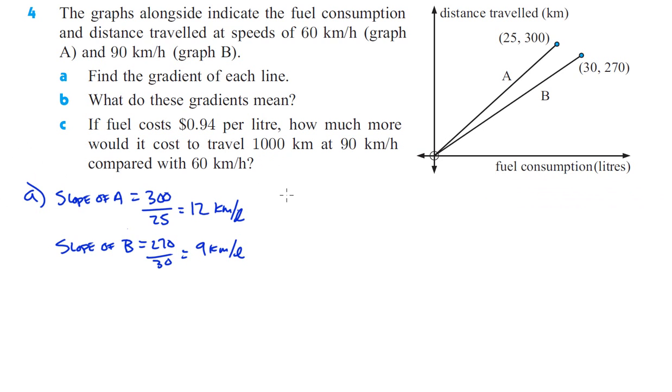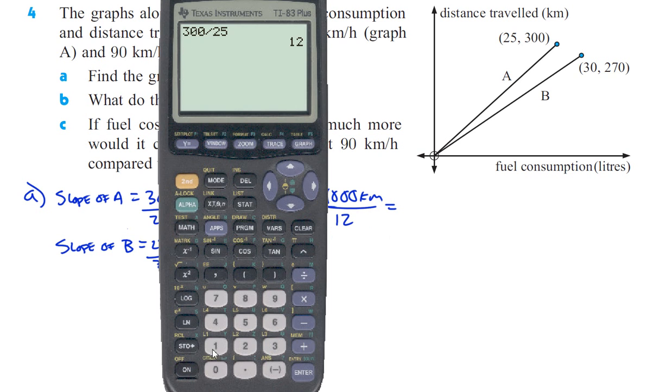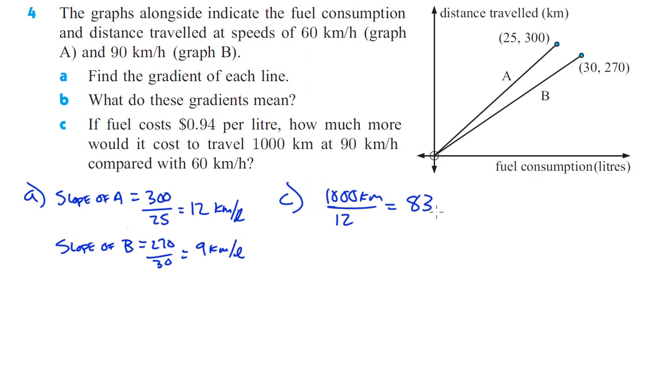Okay, so part C, sorry, we're trying to figure out the total liters that we're going to need. So if we're traveling 1,000 kilometers, if we divide that by 12, that gives us 83.3.